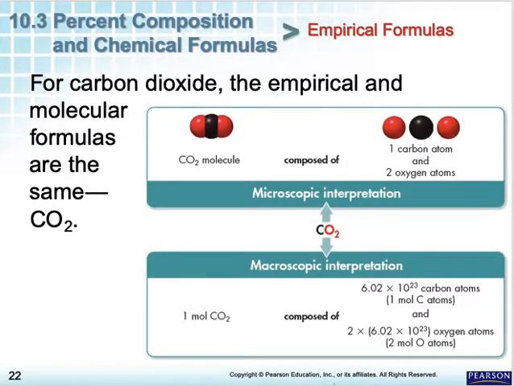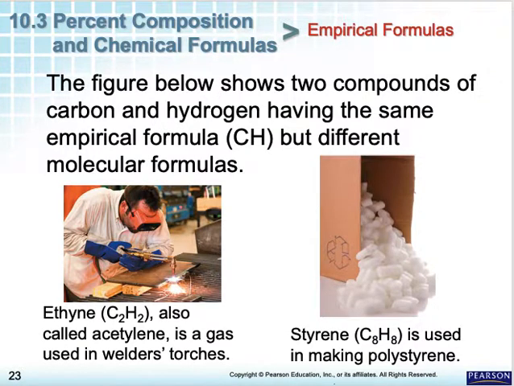So, carbon dioxide. The molecular formula and the empirical formula of carbon dioxide is the same. Seems pretty straightforward. Here we have two compounds that contain carbon and hydrogen, and they have the same empirical formula of CH, 1:1.